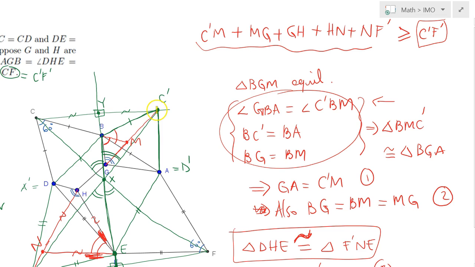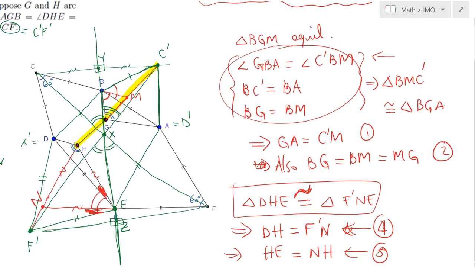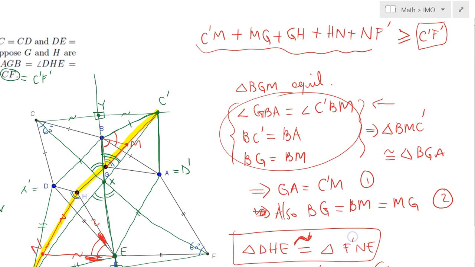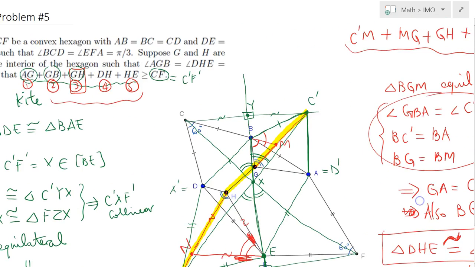So we are tracing out C prime M, then MG, then GH, going to NH, and finally NF prime. Obviously, the straight line between C prime and F prime will be shorter than the addition of these line segments, which is not a straight line, right? So therefore, it establishes the desired inequality.